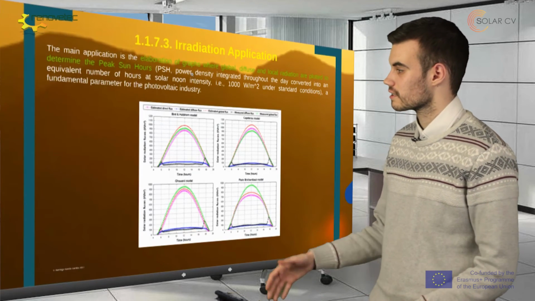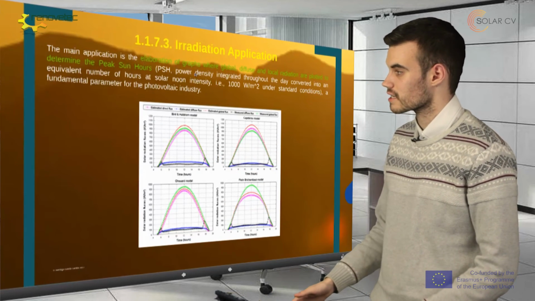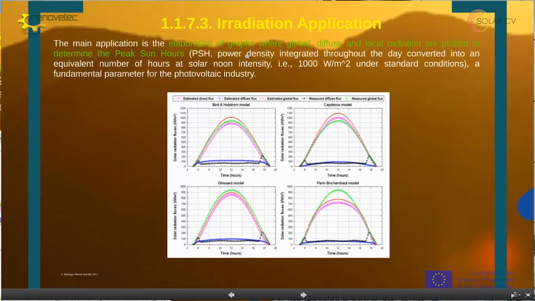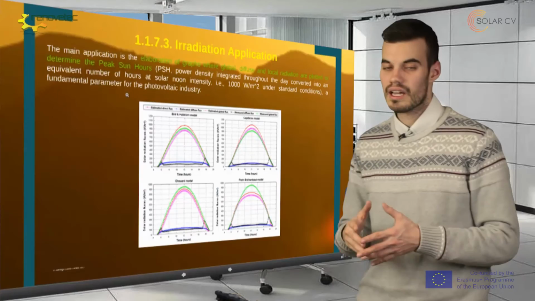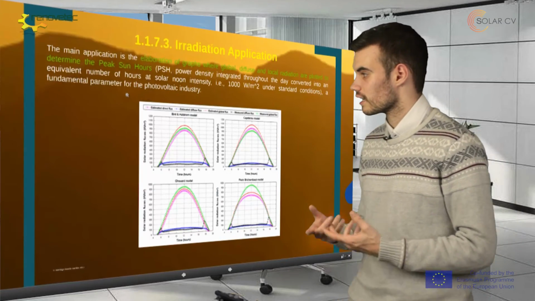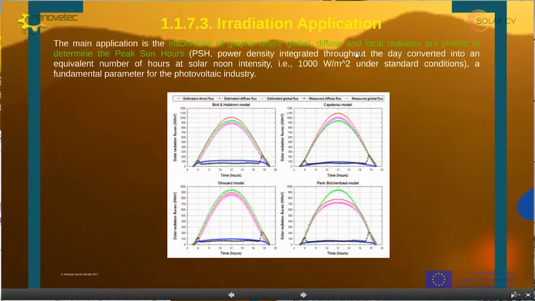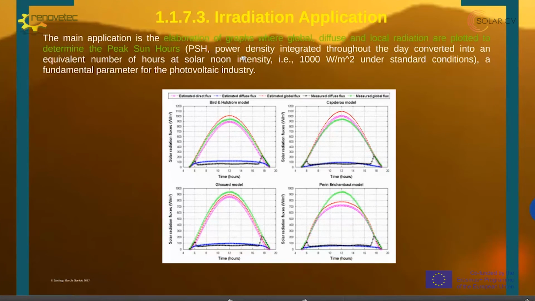Finally, a great irradiation application is the elaboration of graphs where global, diffuse, and local radiation are plotted to determine the peak sun hours. Peak sun hours is a very important factor, and this is the power density integrated throughout the day, converted into an equivalent number of hours at solar noon intensity, i.e. we define that solar noon intensity is 1,000 watts per meter square.